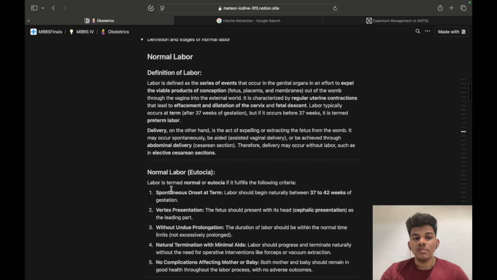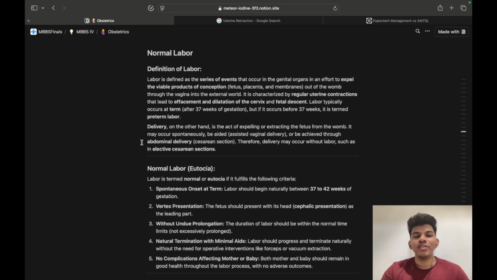And there is another term, which is delivery. It is the act of expelling or extracting the fetus from the womb. It may occur spontaneously, be aided with assisted vaginal delivery, or be achieved through abdominal delivery, which is C-section, cesarean section. Spontaneous just happens, physiology.